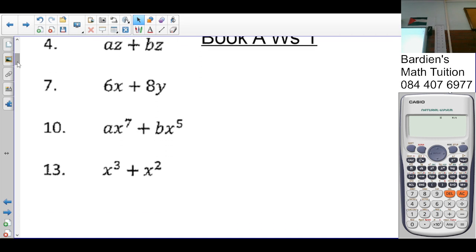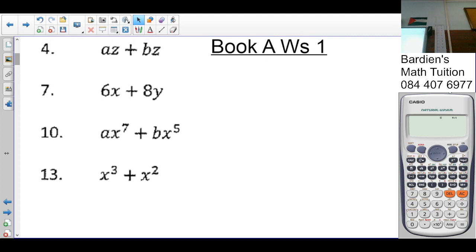Number 4. What is common here? Z. So take out Z as a common factor. Right, you're taking out Z as a common factor.